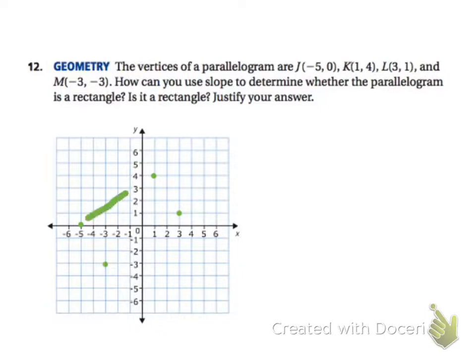So just by looking at it, we can't really tell. But we're going to have to calculate the slopes of all of these. So we have J, K, L, and M.